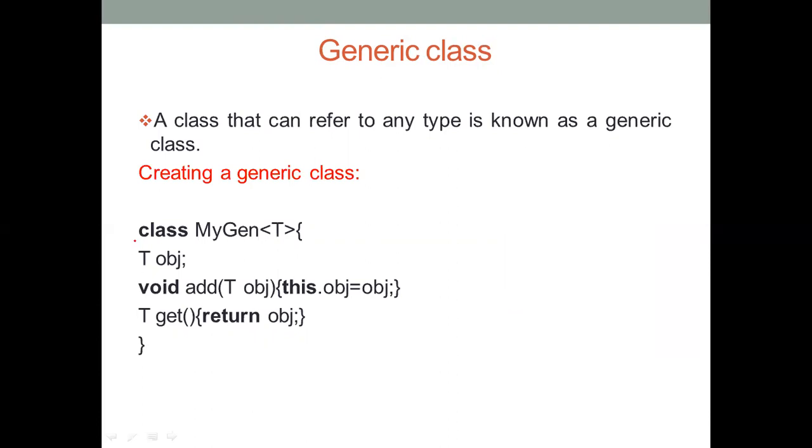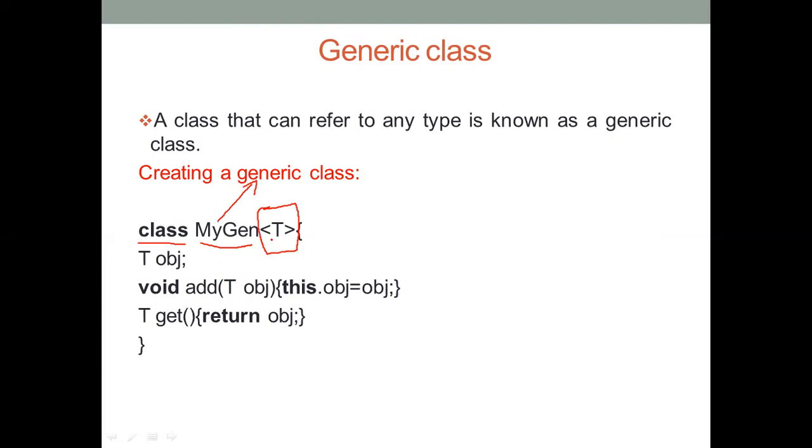Normally when we create a class, we use the keyword class and then we give the name of the class. If this class has to be a generic class, then you have to specify the type parameter within angle brackets. This type parameter specified within angle brackets indicates that my gen is a generic class.